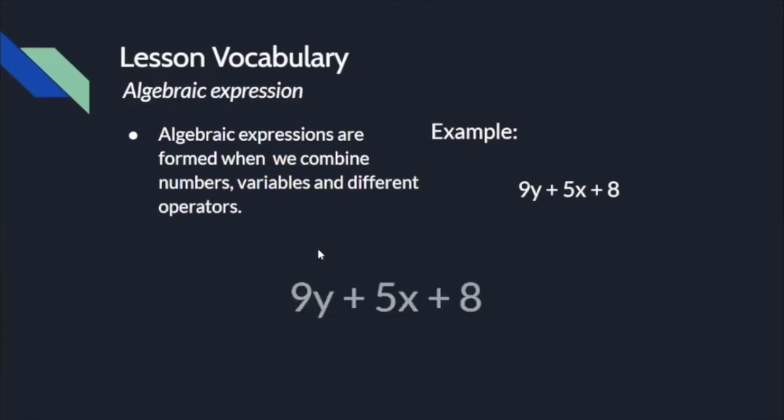If we take a closer look at this expression, remember the letters y and x stand for some unknown number. We call those variables. The numbers that are in front of the variables, in this case, y has the number 9 in front of it, and x has the number 5 in front of it, are considered coefficients.